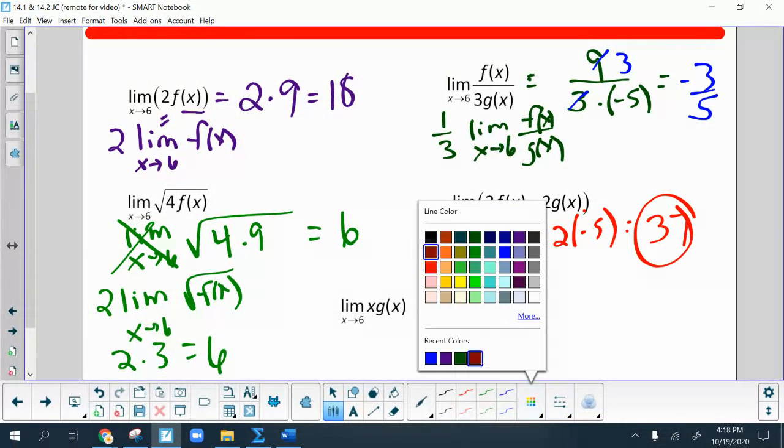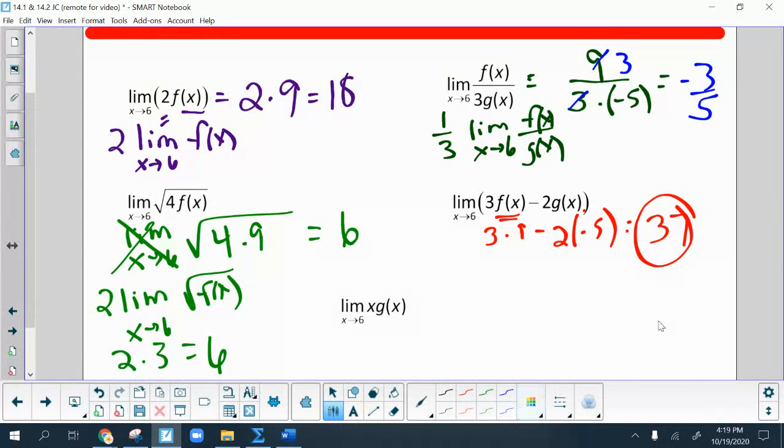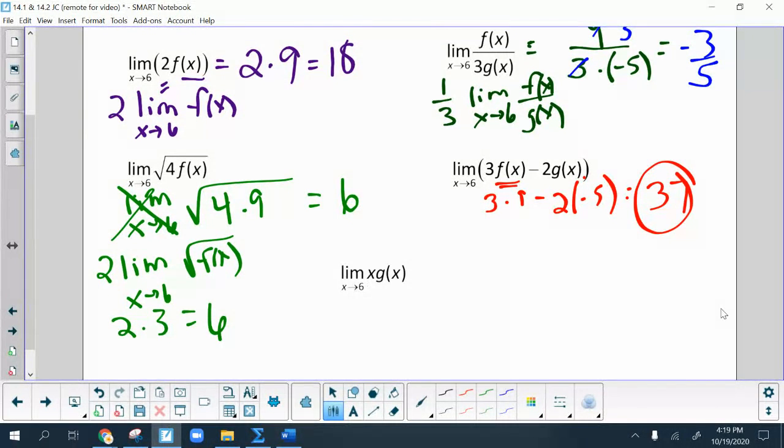Last one. So now this one is actually a little more complicated when you look at it, at least. So you have these two pieces here, the x and the g of x. So what that means is you are going to need to substitute g of x is equal to negative 5.